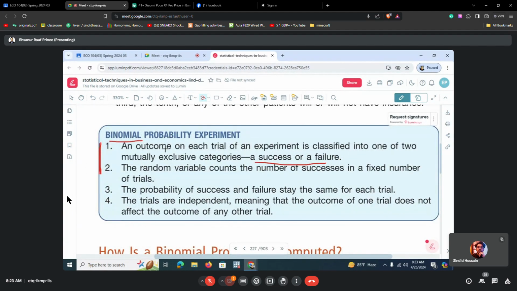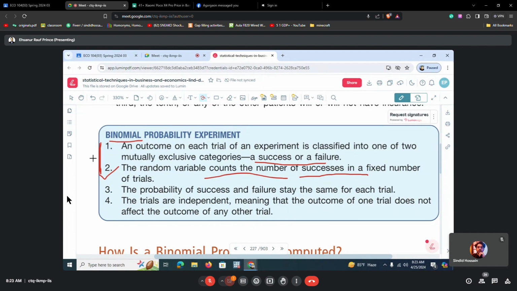Look again, an outcome on each trial of an experiment is classified into one of the 2 mutually exclusive categories: either success or failure. But the random variable counts the number of successes in a fixed number of trials. And of course, you also have to study number 3 and number 4. The probability of success and failure stay the same for each trial, and the trials are independent.